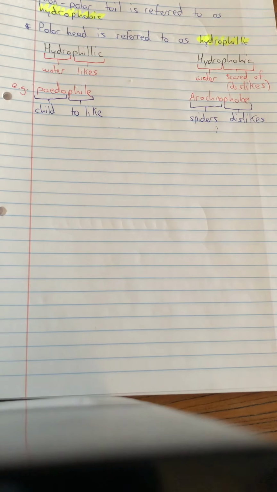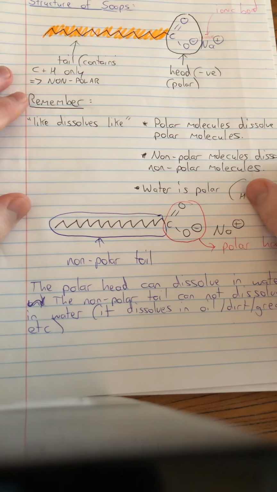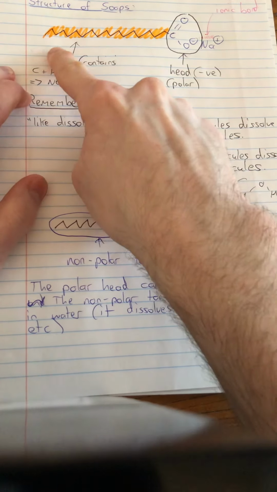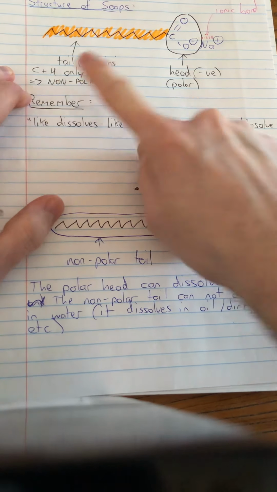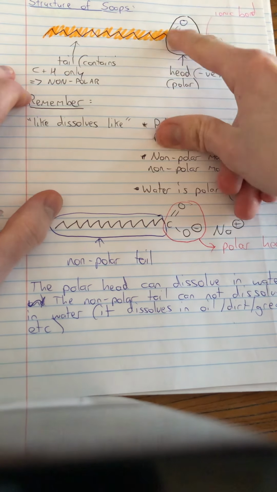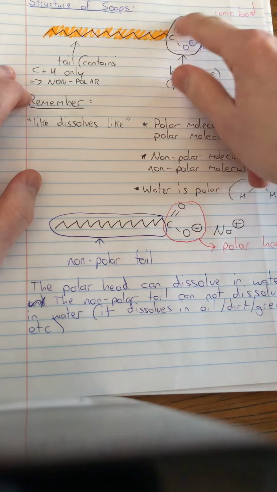Now, the sort of last thing we spoke about is the structure of a soap. It's split up into two parts. We've got a tail, which is non-polar because it contains only carbon and hydrogen, and we've got a polar head because it contains that carboxylate ion.